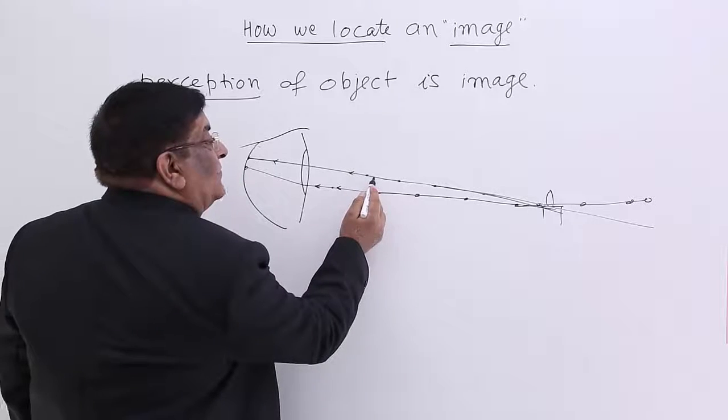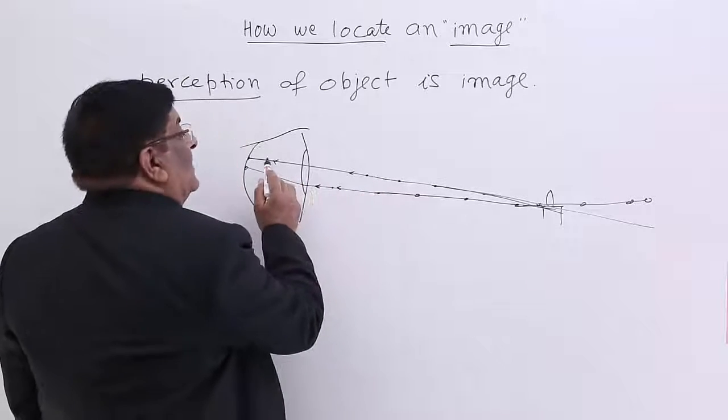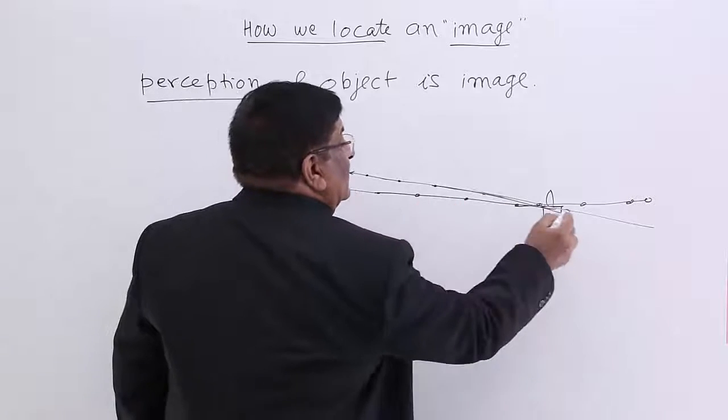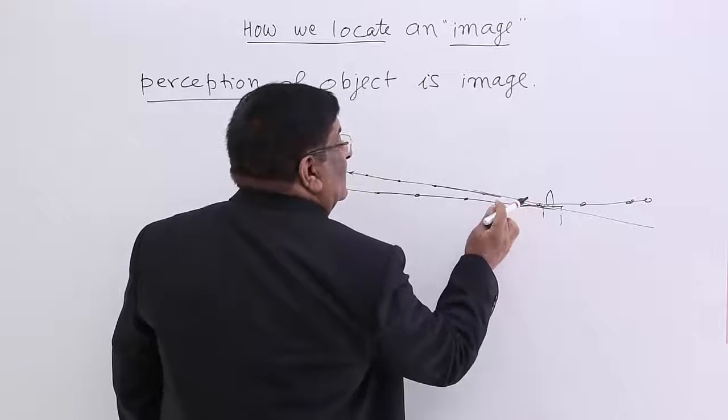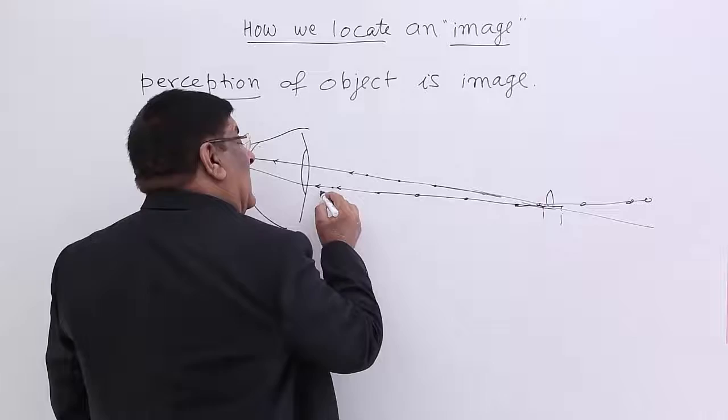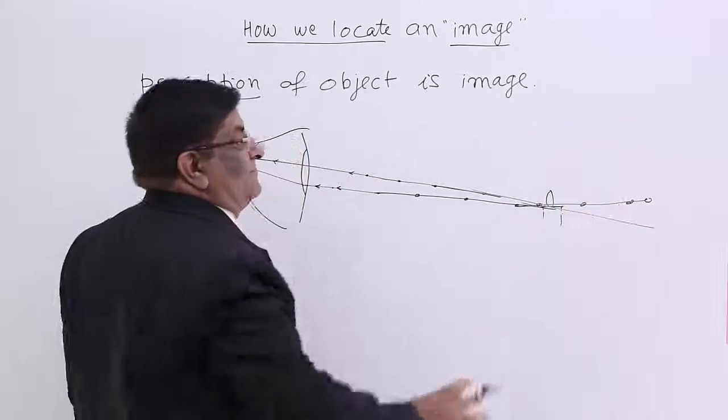Now, this ray gives information that this object is somewhere on this line, and this ray gives information that it is somewhere on this line.